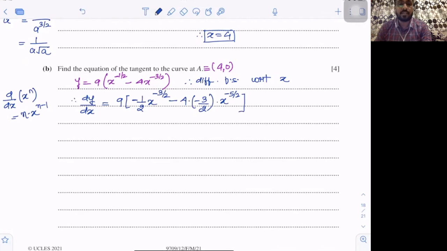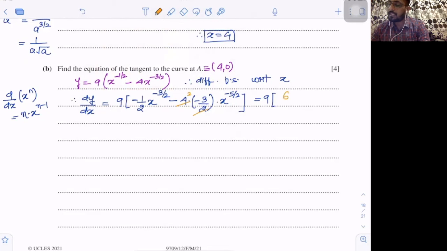So that's the derivative. You want to simplify this derivative a bit further, isn't it? So I can write this is equal to 9 times, look at the second term. The second term is minus 4 multiplied with minus 3 upon 2. You can easily understand that negative multiplied with negative will become positive. The 4 and the 2 will cancel, right, guys? You get this 2 over here. So that's minus 2 multiplied with minus 3, which should give me plus 6.